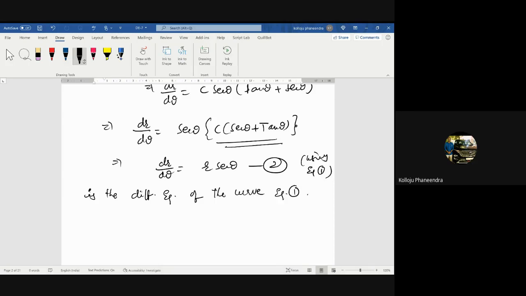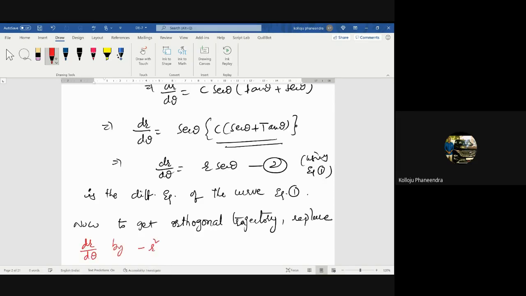Now, to get the orthogonal trajectory, what we have to do? Replace dr by d theta by minus r square d theta by dr in equation 2.